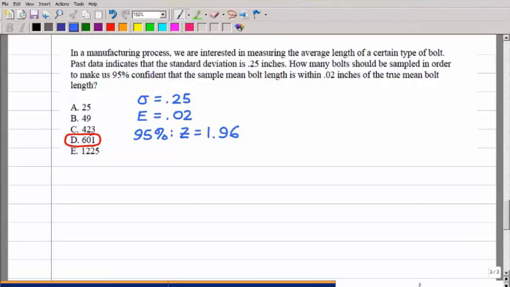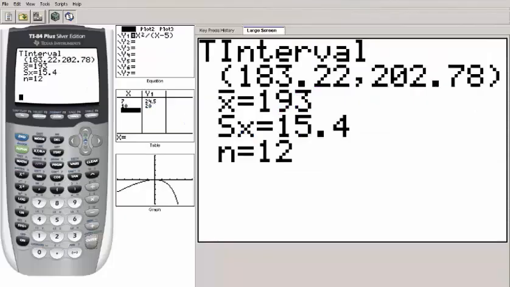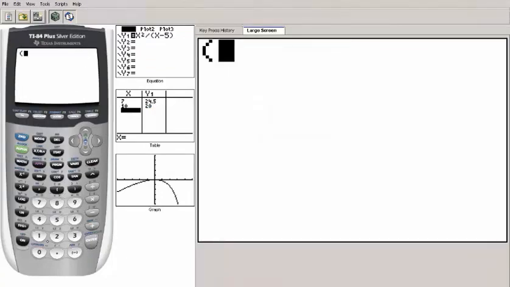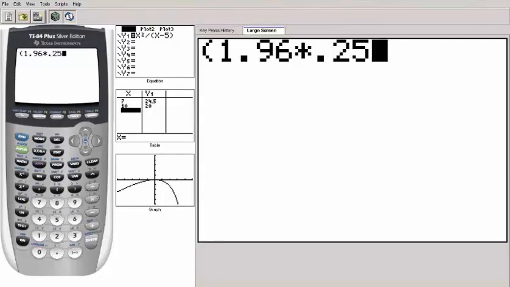So all we do here is use my formula. n equals the z of 1.96 times 0.25 divided by 0.02, squared. Don't forget the square. 1.96 times 0.25 divided by 0.02 squared.